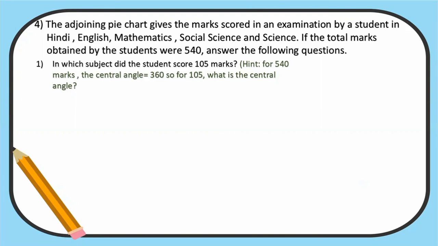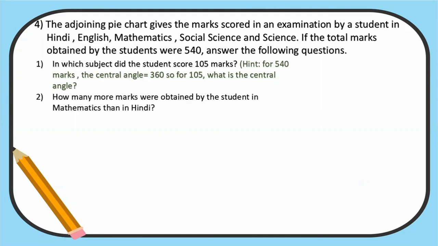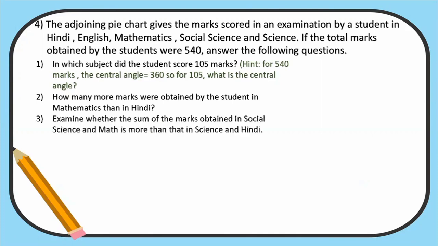So for 105, what is the central angle? We have to find. How many more marks were obtained by the student in mathematics than in Hindi? Third question. Examine whether the sum of the marks obtained in social science and math is more than that in science and Hindi.